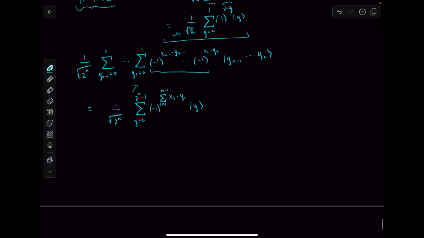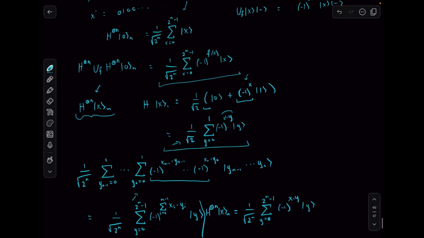And this, of course, is just the same thing as this scalar product between x and y, this modulo 2 scalar product. So now that we know this, and let's just be more clear, this is the action of n Hadamards on some generic state x with n qubits.